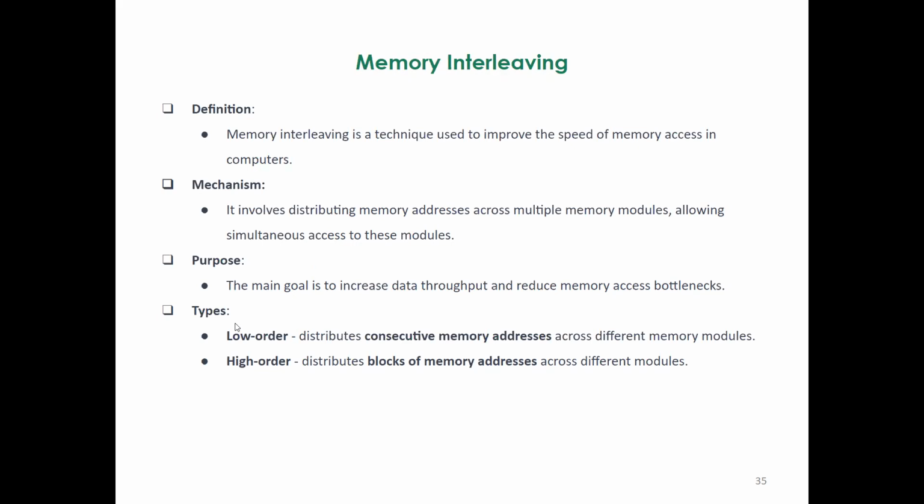So we have two types. Of course, there are others, but these are the main types that we want to consider. Low order, where consecutive memory addresses are distributed across multiple modules, meaning this is the tomato stall, banana stall, apple stall, the simple one.